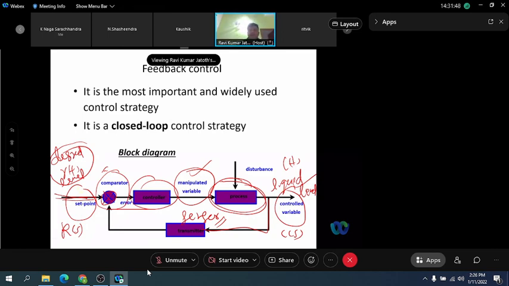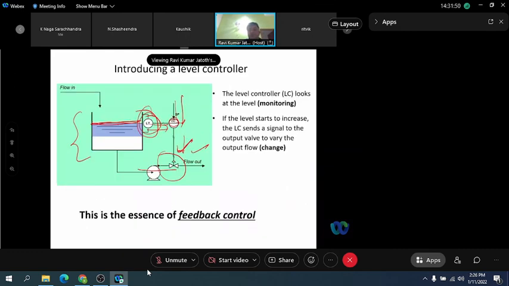Now, the objective is to maintain the liquid level constant, but there is an inflow. Do you get inflow with the same pressure all the time? No, sir. We will be getting the liquid flow all of a sudden with different pressure, and a different volume may be released, which changes the output.